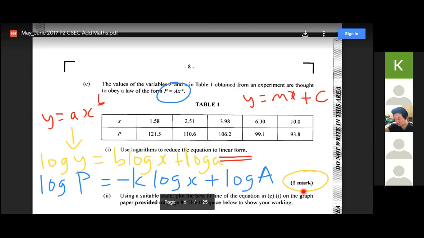That's why it's only 1 mark. They don't need to see you putting log on both sides and simplifying and rearranging. Everybody understand what I'm saying? Yes, miss. Everybody understands how I got this in blue?